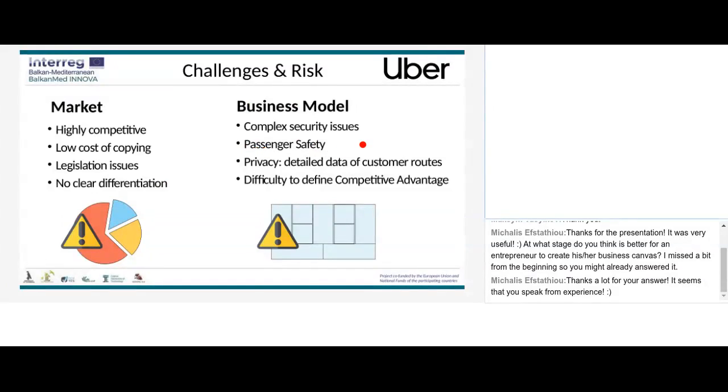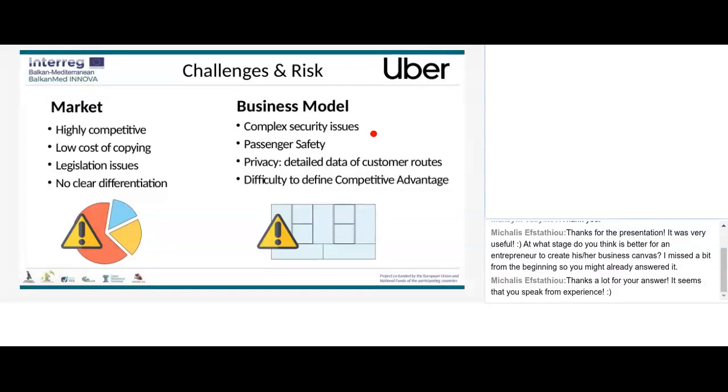It's passenger safety, of course. The companies have to perform really good background checks on the drivers to ensure that they are okay. And the privacy, of course.